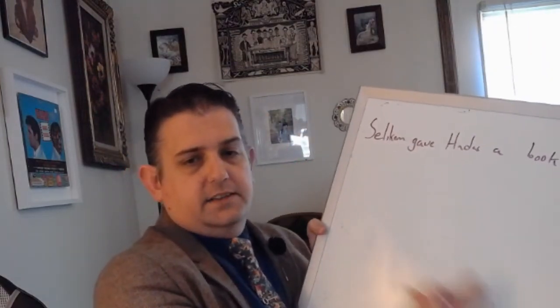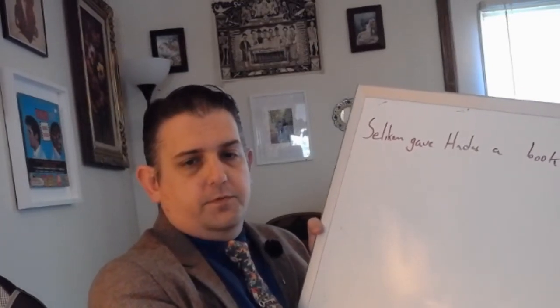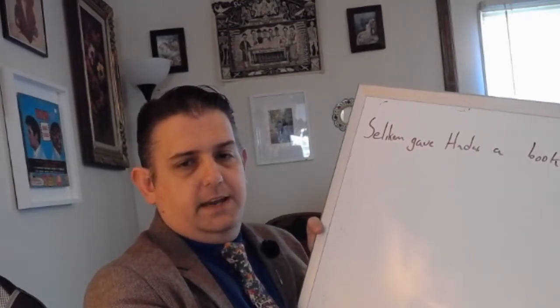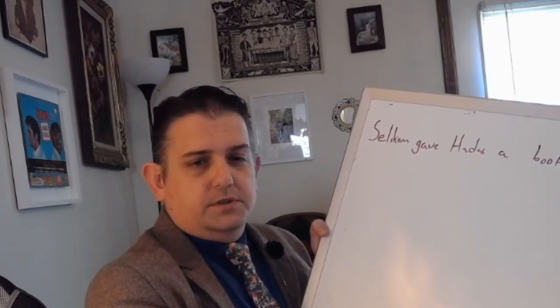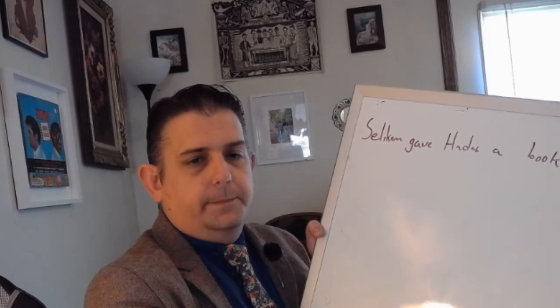If we take something like "Selicum gave Hadass a book" and we try to tree this using our X-bar schema as it is right now, we're going to have some problems building this structure.